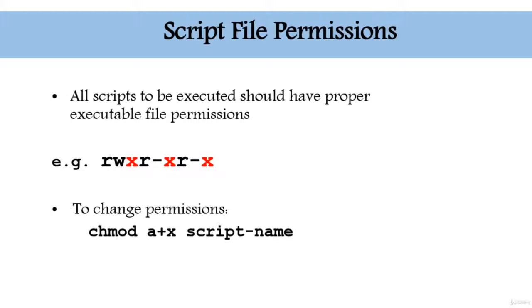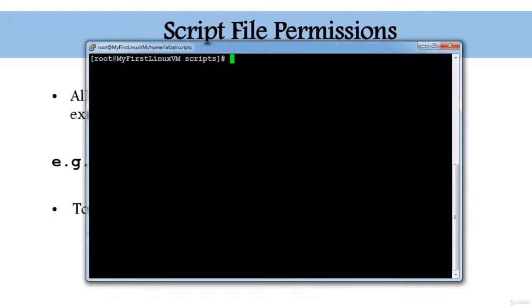So let's see, where is my Linux machine? My Linux machine is right here, and I am in my /home/iafzal/script directory. I wanted to create a script, and there are a few ways you could create a file. You could touch it, you could vi it, and you could echo it and output to a file.